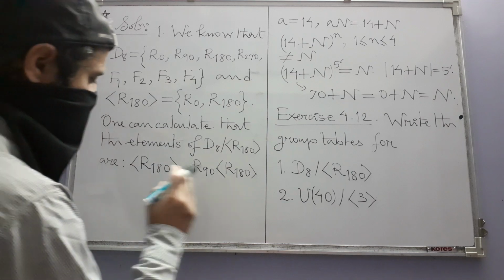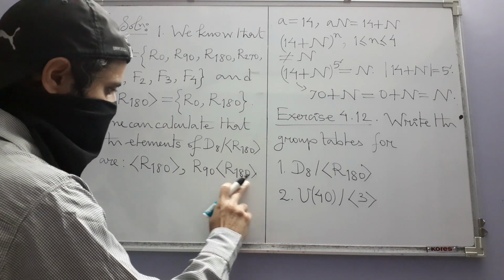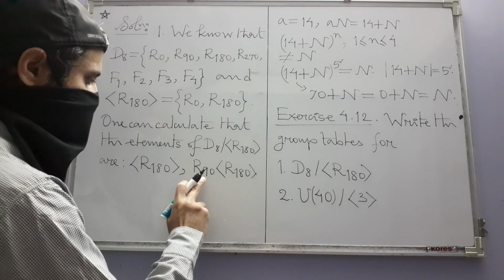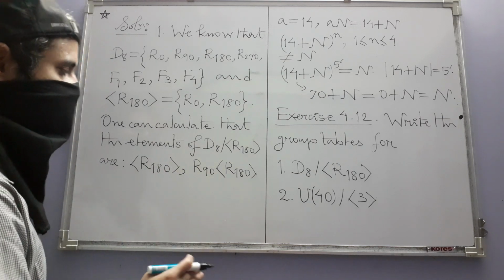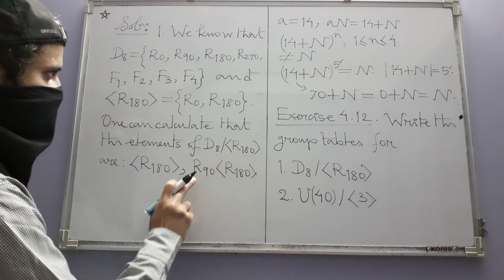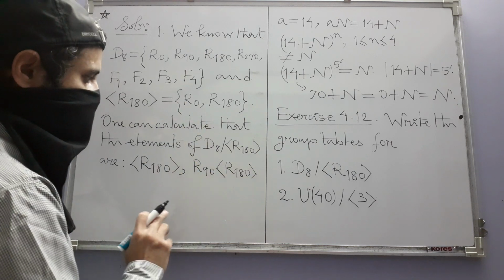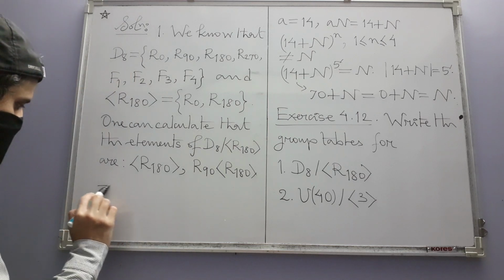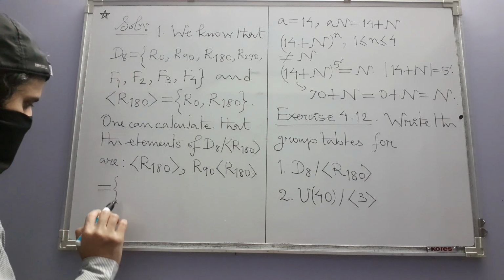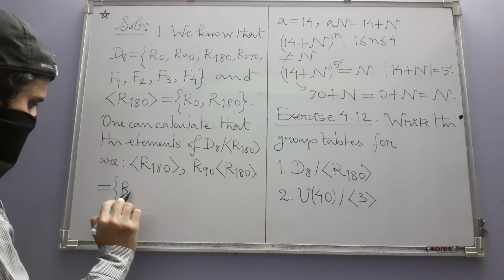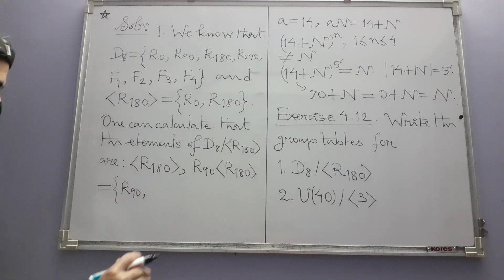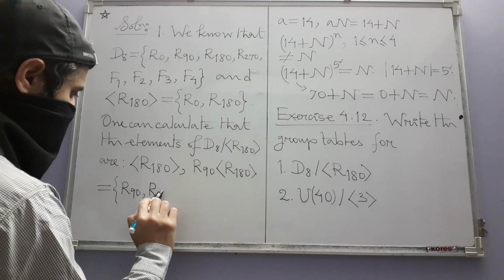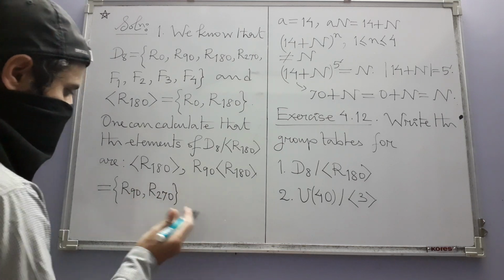That means what you are doing is that the elements of this cyclic subgroup, you are multiplying all of them by R90 from the left side. So this set consists of R90 R0 and R90 R180, and that set turns out to be R90 R0 is going to be R90, of course, and R90 R180 is going to be R270, which you can understand why.